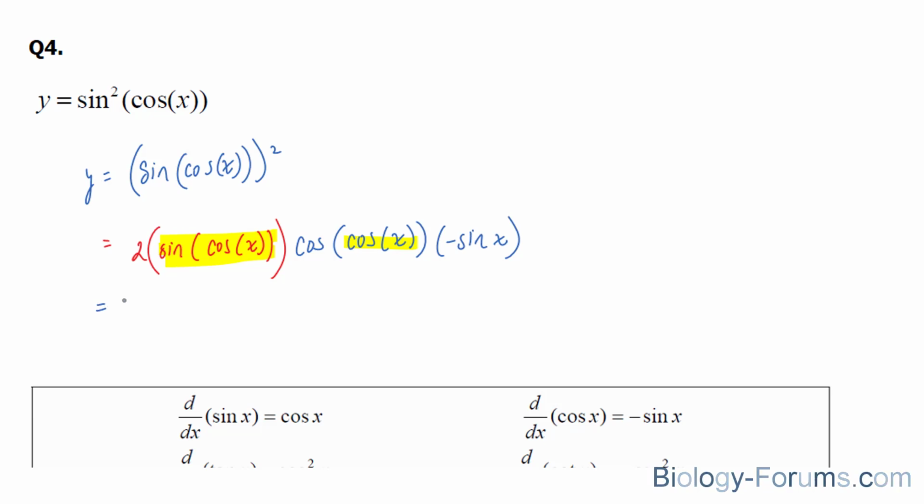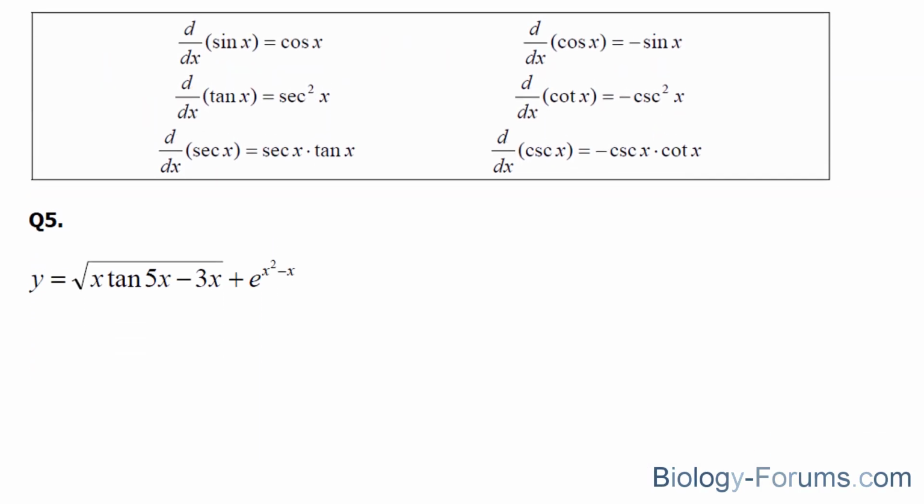So just to rearrange everything, this negative goes to the front. Negative 2 sine cosine x cosine cosine x sine x. Perfect.